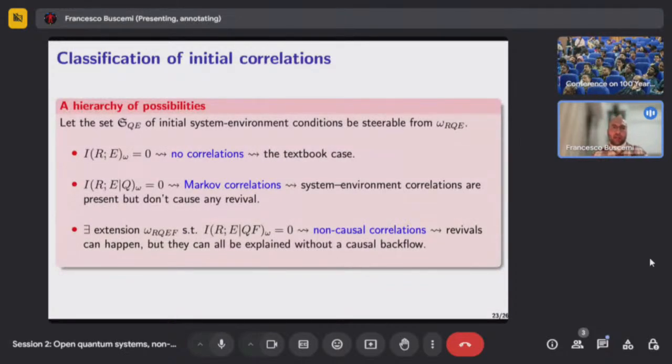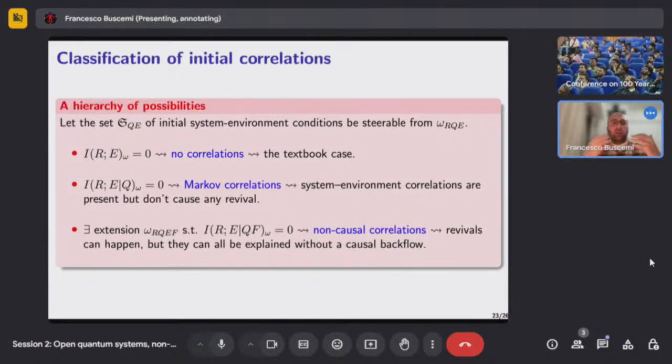So this suggests that the separation that you typically find in the literature between Markovian process and non-Markovian process, so processes for which the instantaneous information about your system is all you need in order to predict the future of the system, this is the Markovianity condition, and instead, situations where that is not enough, so a situation in which you have revivals of information, okay?